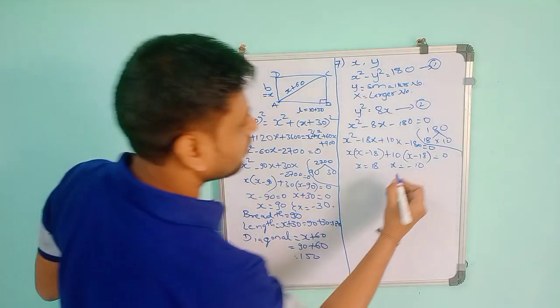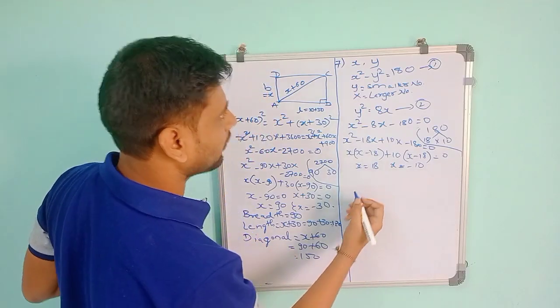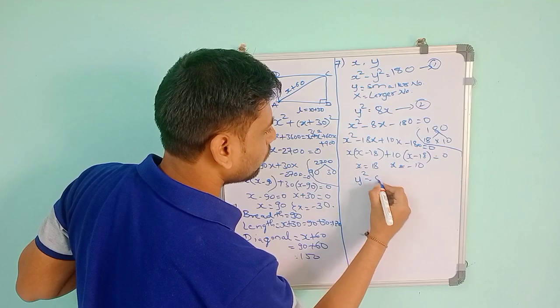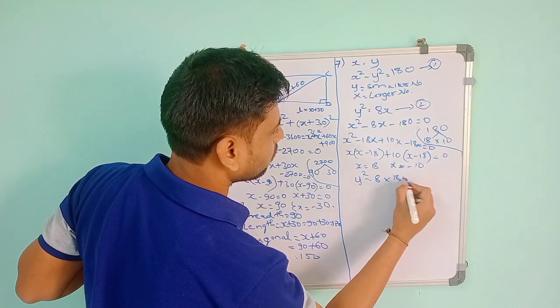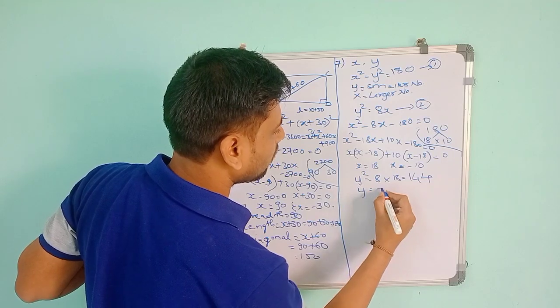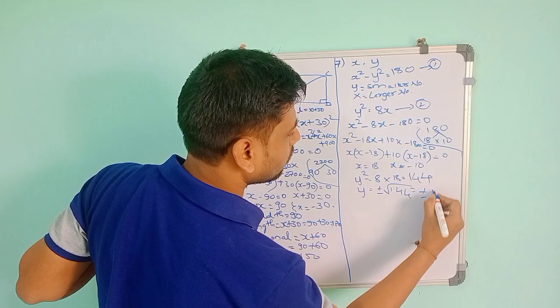From this, minus 10 is a negative number and smaller, so you have to take x equal to 18. Put x equal to 18 in the second equation. It will become y square is equal to 8 into 18, that is 144. Therefore y is equal to plus or minus root of 144, which is plus or minus 12.